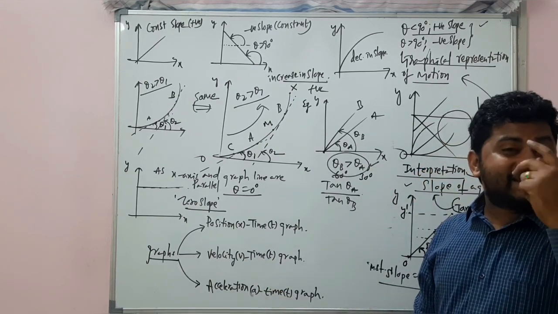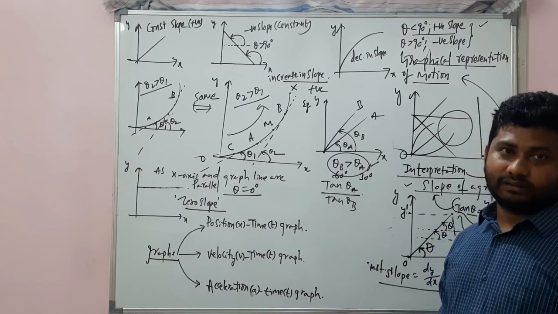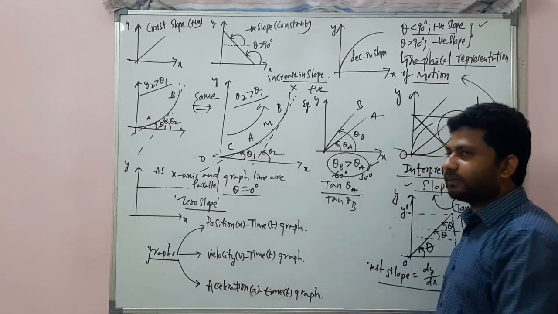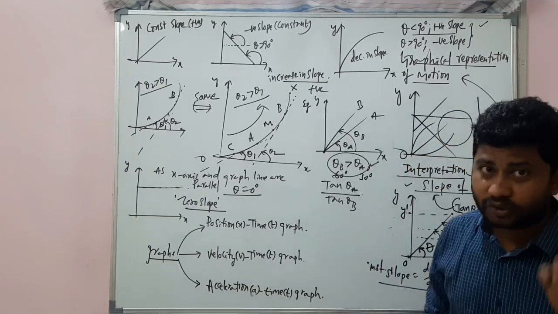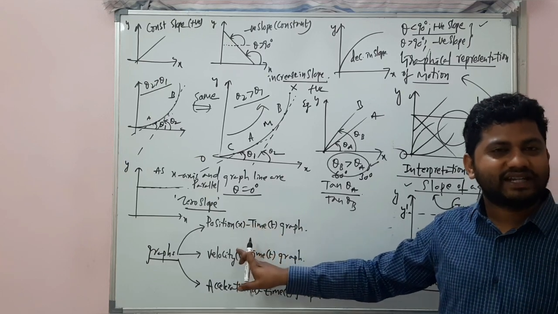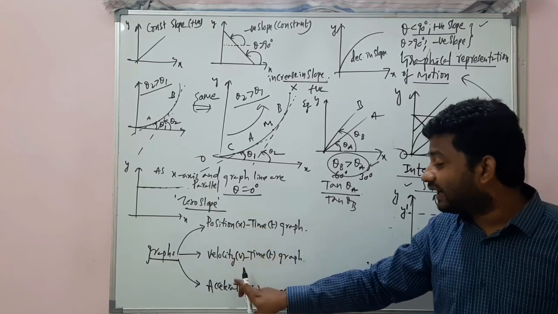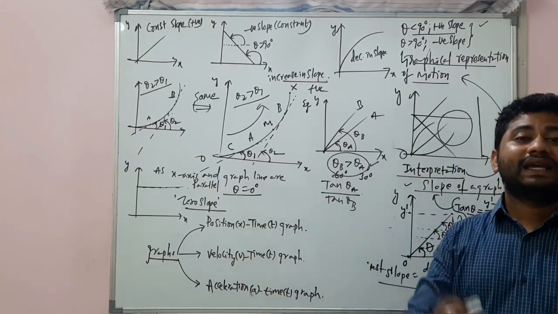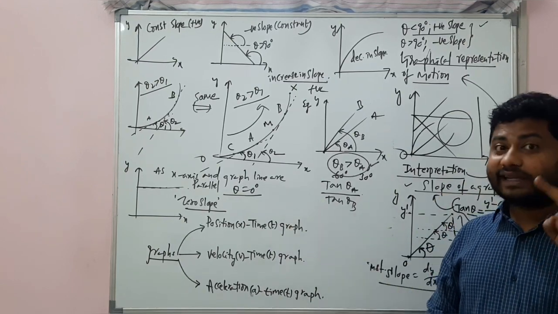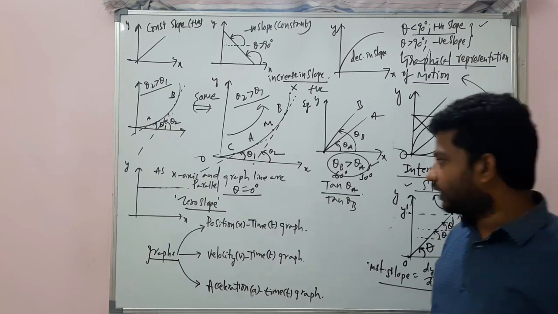The instantaneous acceleration of a body can be calculated by using acceleration time graph. The first point is same. Let me tell you once again. Instantaneous position of the particle, instantaneous velocity of the particle, instantaneous acceleration of the particle can be identified from these graphs. First point.